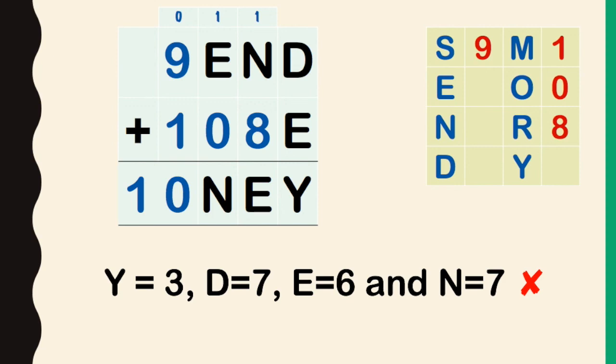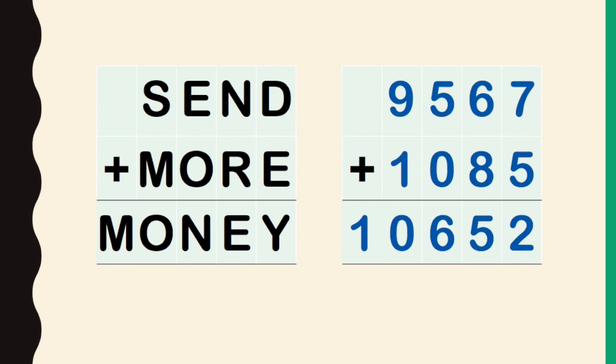So this means we had these two options, Y is equal to 2 and Y is equal to 3. For Y is equal to 2, we have found a solution. For Y is equal to 3, we have come to the conclusion that there is no solution. So now we know the solution to this problem. SEND plus MORE equals MONEY, and this will be 9567 plus 1085 is equal to 10,652.